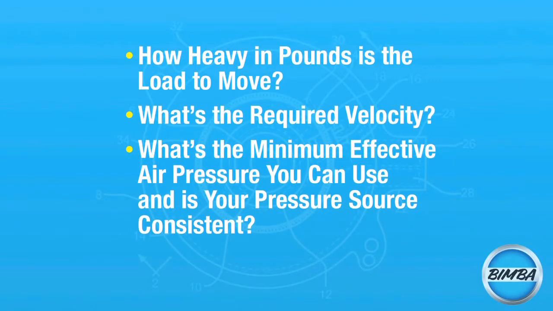What's the minimum effective air pressure, and is your pressure source constant? To maximize cylinder life and performance, you need to provide consistent airflow at the minimum effective pressure to maintain the desired velocity.